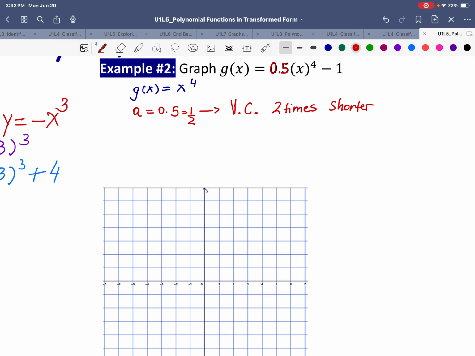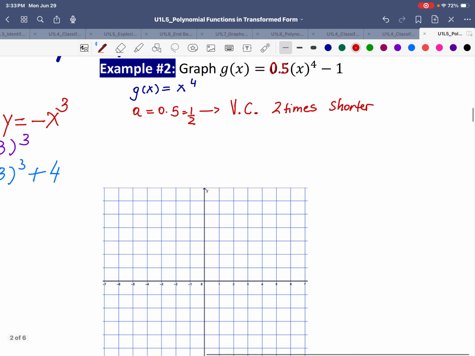Now, some people like to say vertical compression by a factor of 2, which makes sense when you think of it this way: compression has been applied, by twice. But some people like to say vertical compression by a factor of 1/2, stating in this way that the y values have become 1/2 of what they used to be. So different ways of saying the same thing, but be very mindful when you use the terminology.